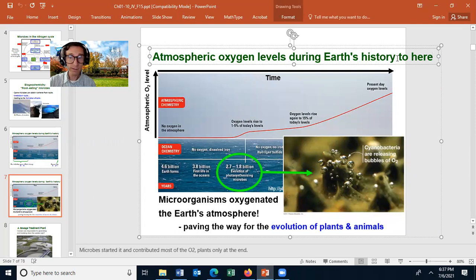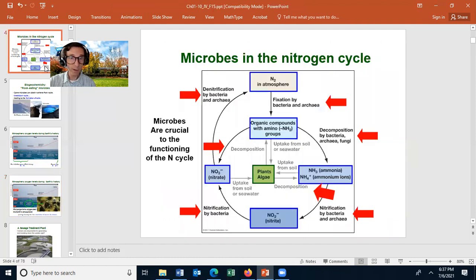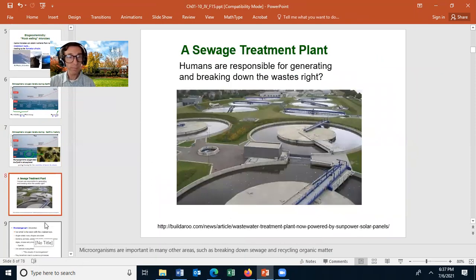So I talked about microbes being important on the planet Earth in producing oxygen, as well as helping to recycle nitrogen in the Earth's atmosphere. Any question about any of that? Well, microbes are also important on the planet in recycling other nutrients.